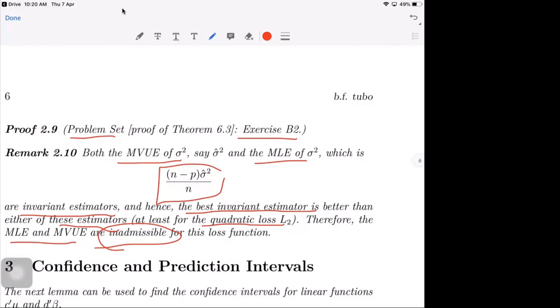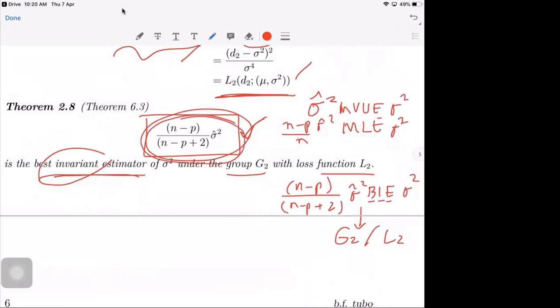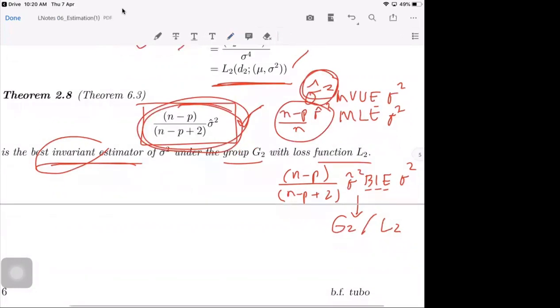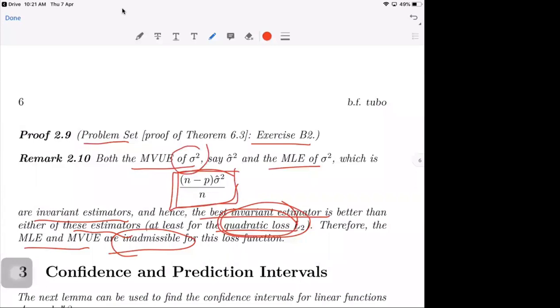So it is unusual to use this estimator, you rarely see it, because using sigma hat squared and (N minus P) over N sigma hat squared is also an invariant estimator for at least a quadratic loss function. So the usual ones used are either the MVUE or the MLE, depending on what procedure you want to apply in your analysis.